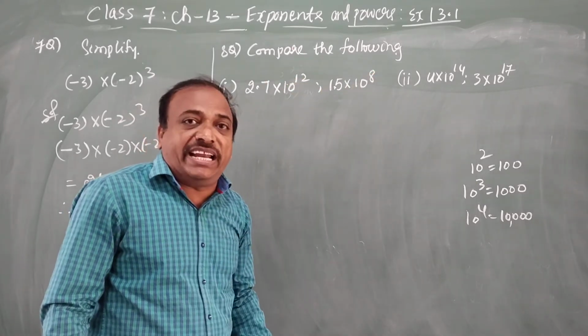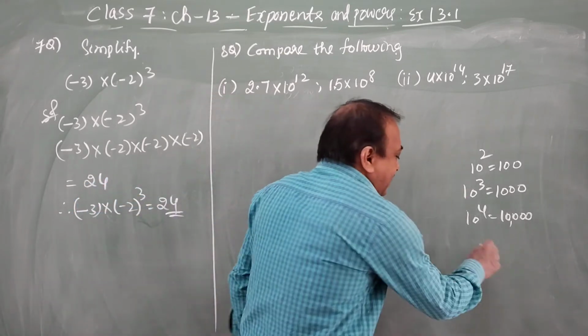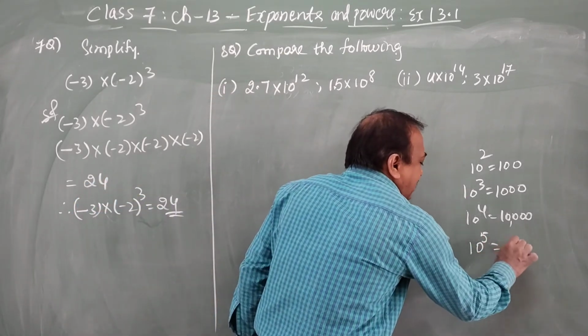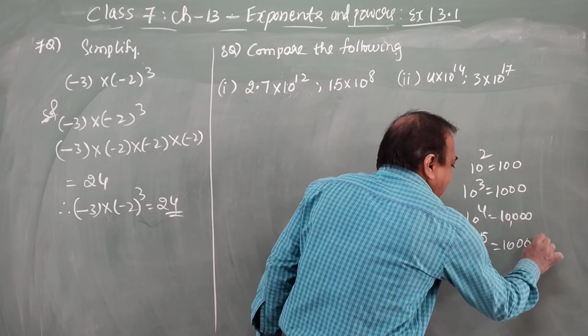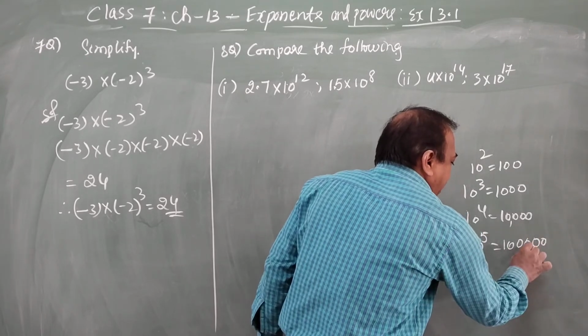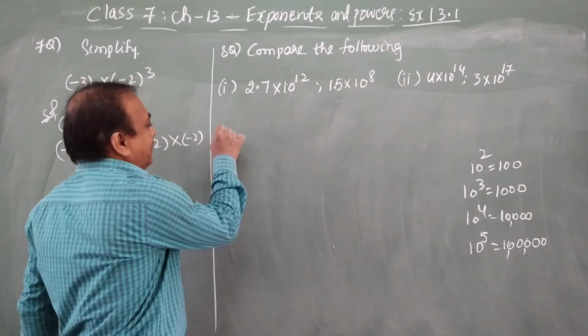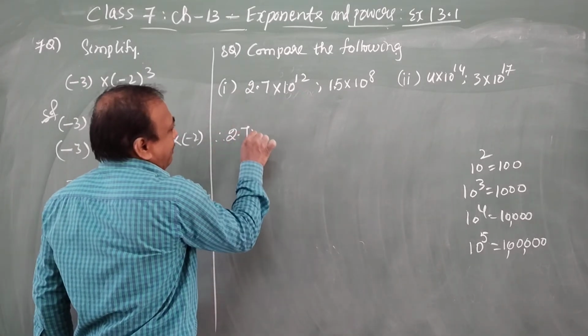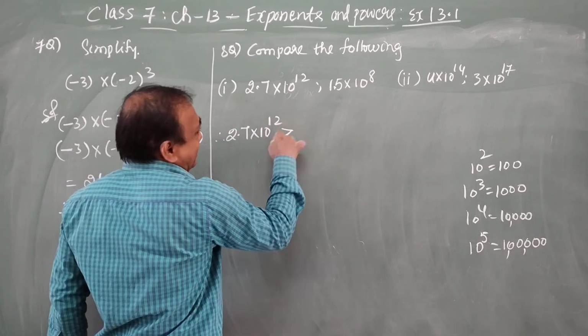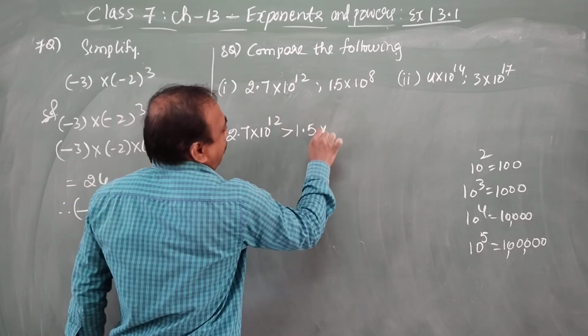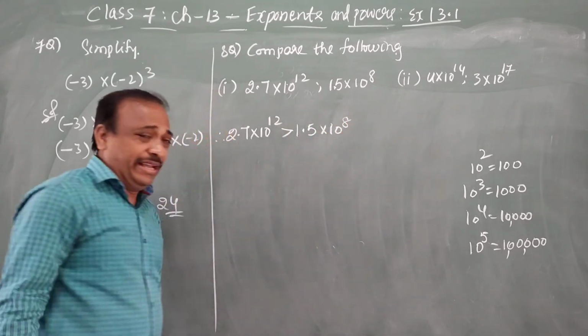So which number could be greater? 10 to the power 5 means we will be getting 1 lakh. So the number will keep on increasing. That means this is greater. Therefore, 2.7 into 10 to the power 12 is greater than 1.5 into 10 to the power 8.